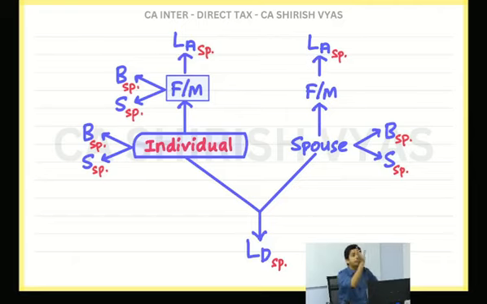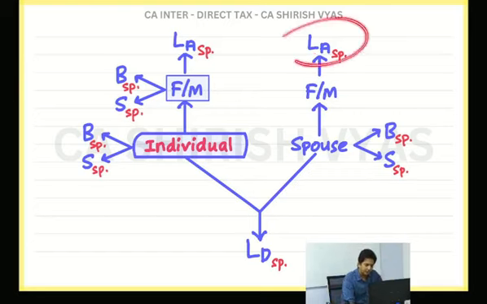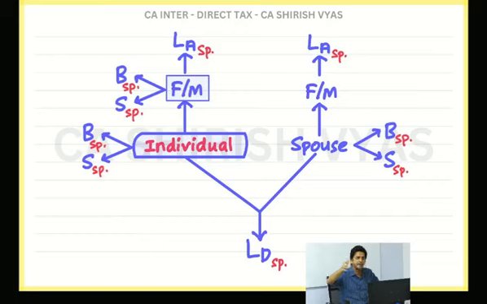When I say grandparents, it means your grandfather and grandmother both. And they are also there in my spouse's line. So my spouse's grandfather, great grandfather, parents, etc., they are also my relatives.